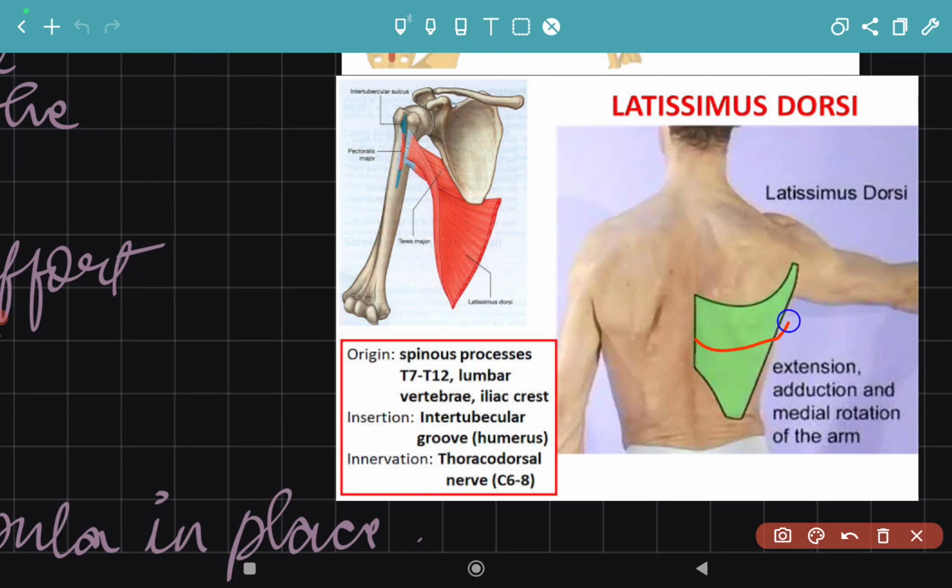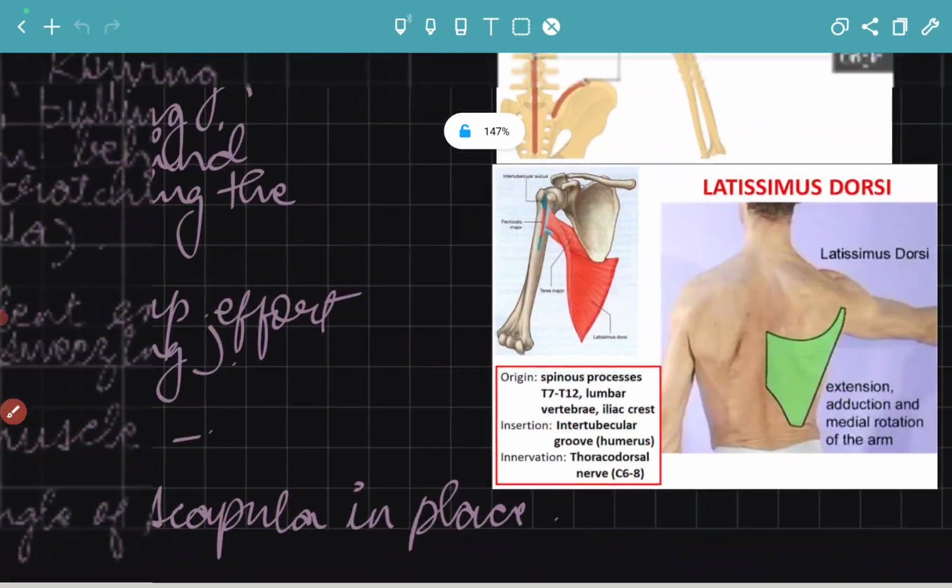It is basically twisting to insert to the intertubercular sulcus of humerus. As it comes from the back to attach to the front of the body at the humerus, it will help in adduction, extension as well as medial rotation of the humerus or the shoulder.